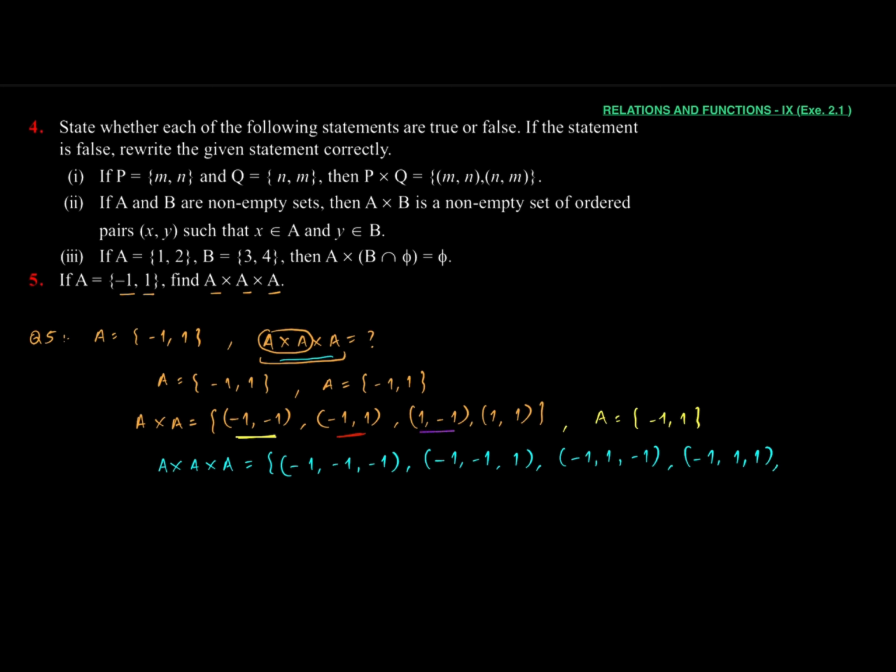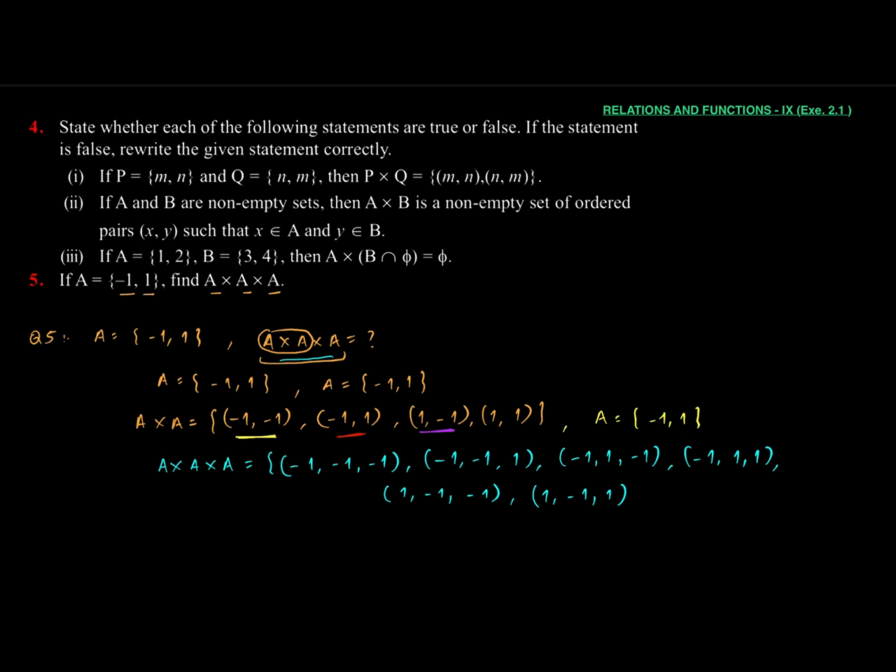Now let us take this very element of A cross A set and form ordered triplets with each element of set A. So the fifth element will be 1, -1 and -1. That means this very part and this part. The next element will be 1, -1 and 1. That is this very part and this part.